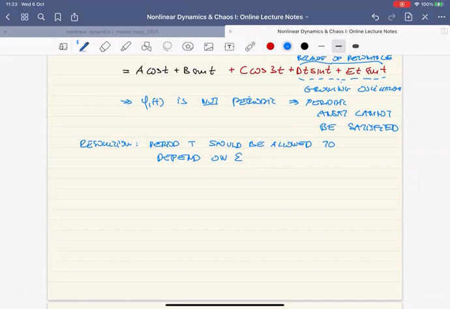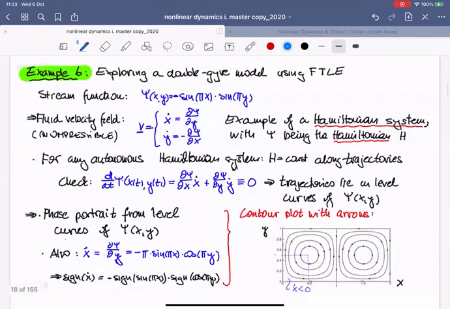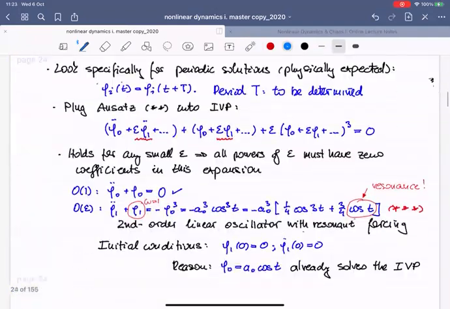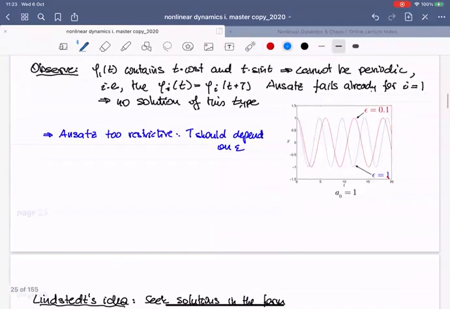So first of all, I'm going to switch now, and I'll append these to the regular notes as I did last time, because I'm a little bit behind in terms of what I wanted to cover. So T should depend on epsilon, it says in my notes, and this is an actual numerical simulation of the beam for various values of the spring strength epsilon. When epsilon is 0.1, you get this curve, the red one.